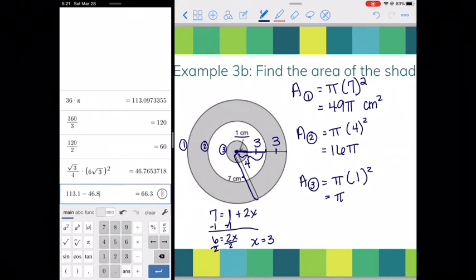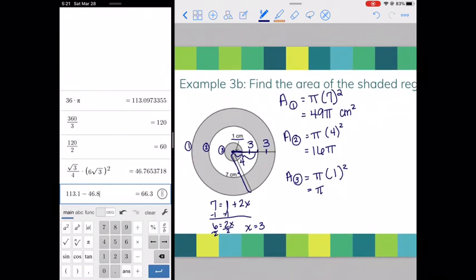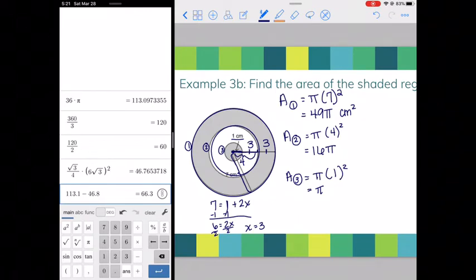So if I think about how I'm going to find the area of just the shaded parts, what I need to do is take the outer circle and subtract that second circle. So I'm going to have circle 1 minus circle 2. Once I do that, it also subtracts out the smaller circle. So I need to add that back in. So I'm going to add back in circle 3.